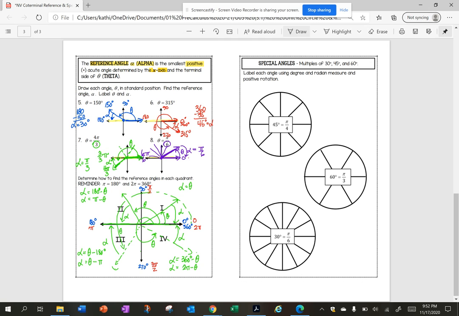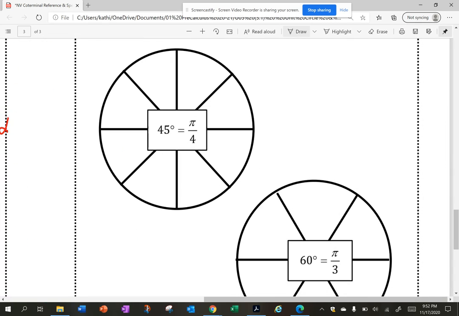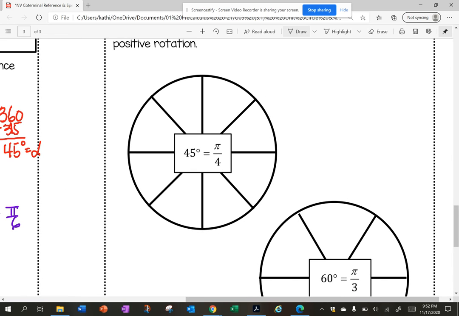And these come from the special right triangles that we talked about in geometry: 45, 45, 90, and 30, 60, 90. So let's fill in what these look like in degrees and in radians individually.